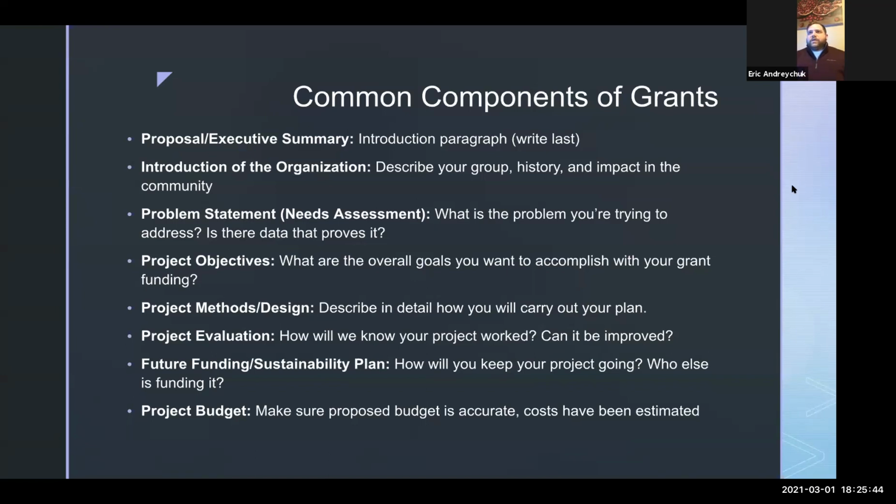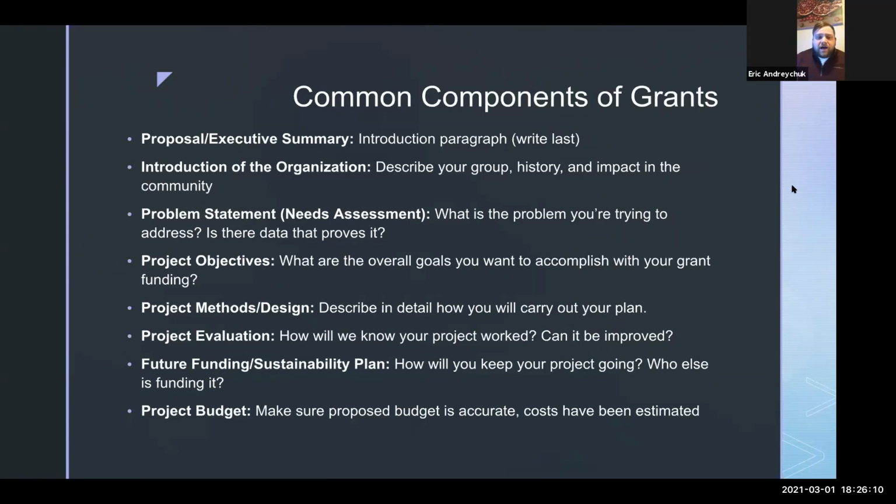And it saves the reader from having to read the whole thing to understand exactly what's happening here. So I always save that for last, because once you're done writing everything else, that makes it very easy to do, actually. Now that you have a full understanding of the project, you should be able to describe it pretty concisely that way.